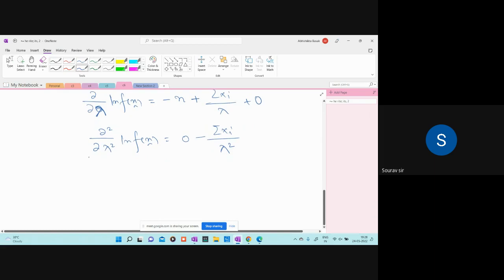Okay, then how can I find E theta of minus del square del lambda square ln of f of x curl?